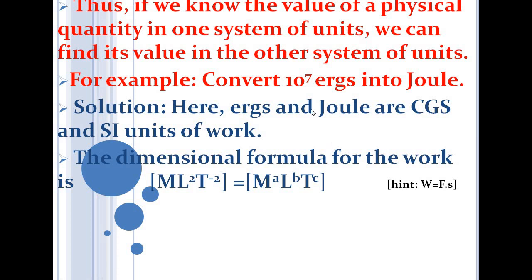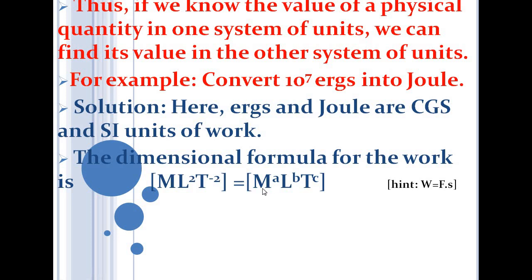If you are confused about the dimension, let's go from the relation work done equals force into displacement. Force has the dimension M L T minus 2, and the displacement gives one more L. So we can write the dimension of work done as ML2 T minus 2.